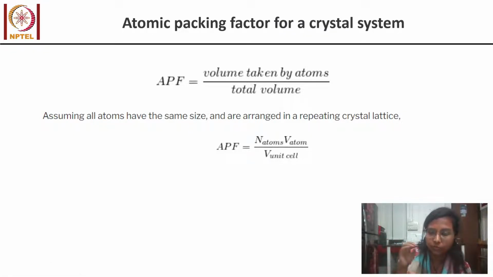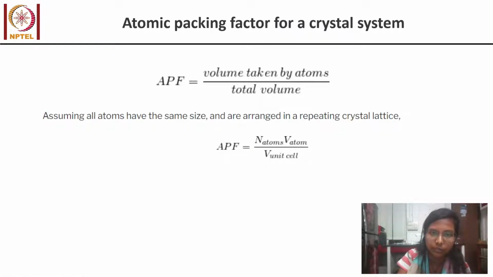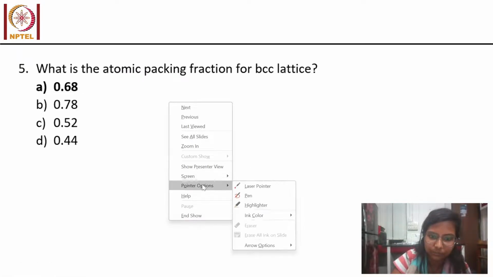V with the subscript atom means volume of one atom. V with the subscript unit cell means volume of that unit cell. N means the number, and APF is the atomic packing factor. So from here we can find out the atomic packing fraction for the BCC lattice. So here also it is again the same thing basically.